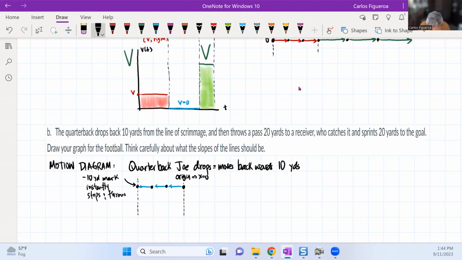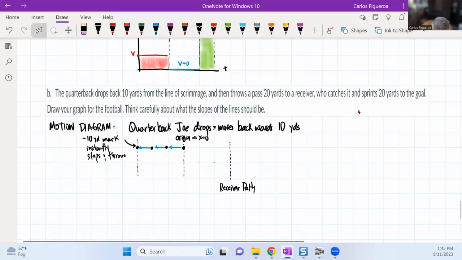So where is the receiver Patty at? Well, he throws the ball 20 yards. So that means I have to go 1, 2, 3. This is where receiver Patty catches the ball.